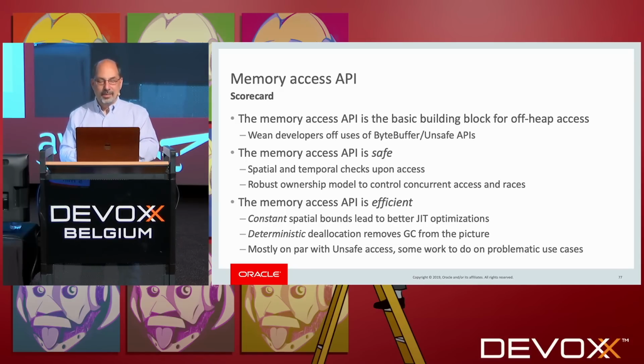Hopefully, we can migrate some of them off of Unsafe because this is safe and it is efficient. You get spatial checks, you get temporal checks, you have a robust ownership model in the concurrent world, and the JIT is very good at eliminating the bounds checks and the ownership checks, and you get deterministic deallocation, which you didn't get with ByteBuffers.